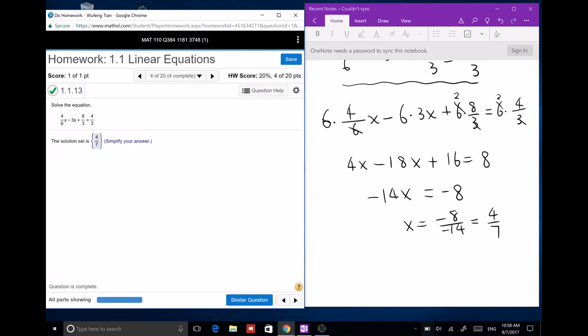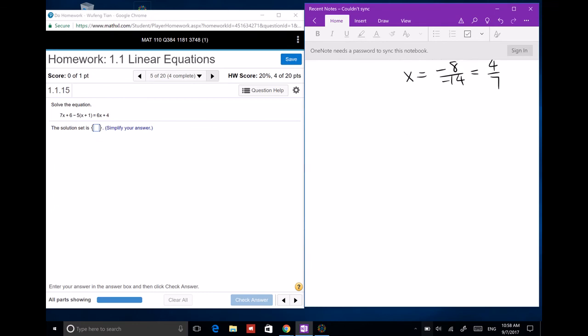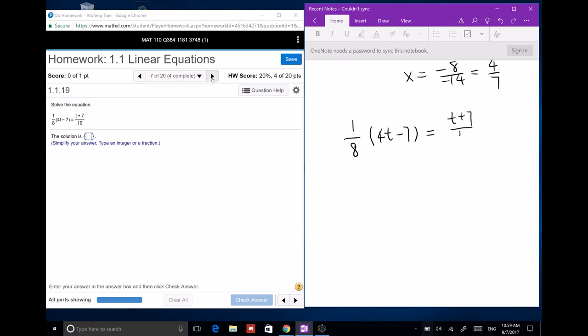Okay, so next question. This would be exactly the same thing as the previous question. So isolate the x. Number 7 is very similar to the previous one. You multiply both sides by 16. 1 over 8 times 4t minus 7 equals t plus 7 over 16.